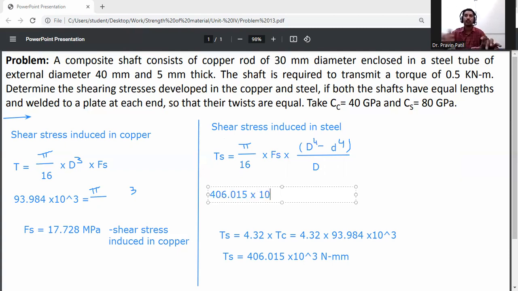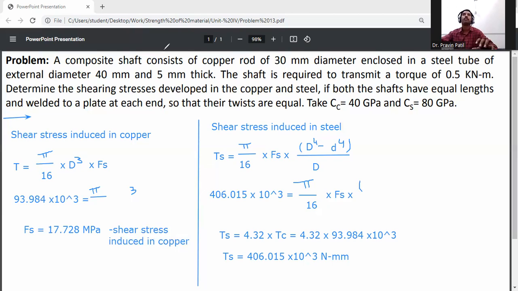From this equation, Ts is 406.015 into 10 raised to the power 3, which is equal to 5 by 16 into Fs into capital D raised to 4 minus small d raised to 4.